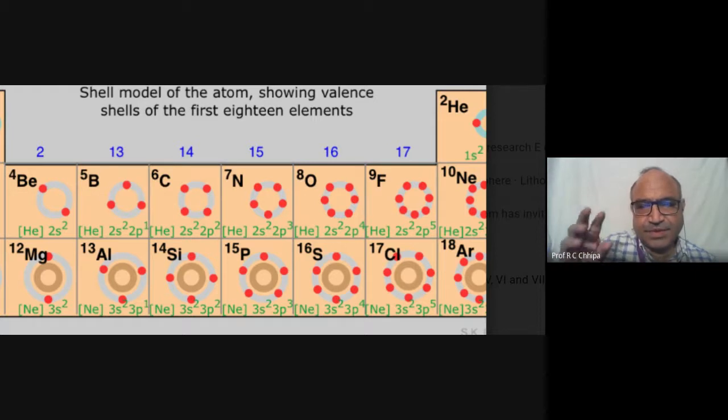That is because of the outer shell electrons. How many outer shell electrons are present is responsible for the characteristics of that particular element. So the p block elements show variety: mono, di, trivalent, as well as tetravalent.